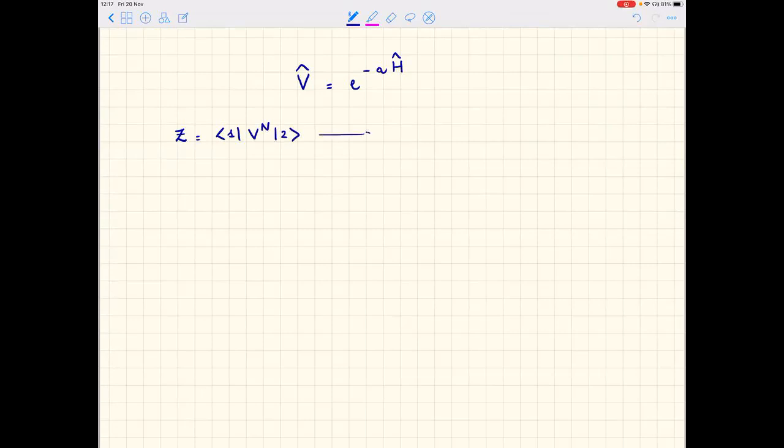If I rewrite V in this way, this looks like e to the minus n times a times h, which up to a rotation to imaginary time is like a propagation in quantum mechanics. So this is why sometimes people like to write the transfer matrix as e to the minus a times h, because it looks like a propagator or a time evolution in quantum mechanics.